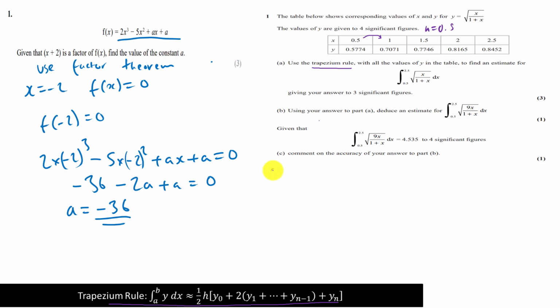So for part A, it's going to be 0.5, and that's a half h, so over 2, times this is the y0 here, 0.5774, add 2 times, that's your y1, y2, y3, and that's kind of like your yn, which is y4 in this instance.